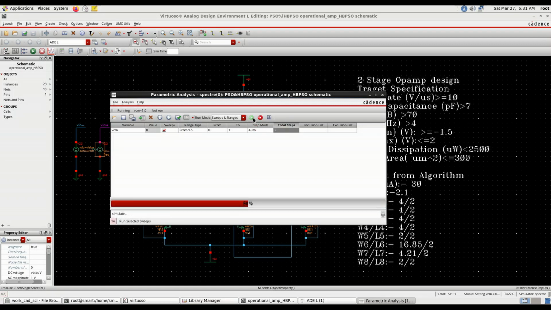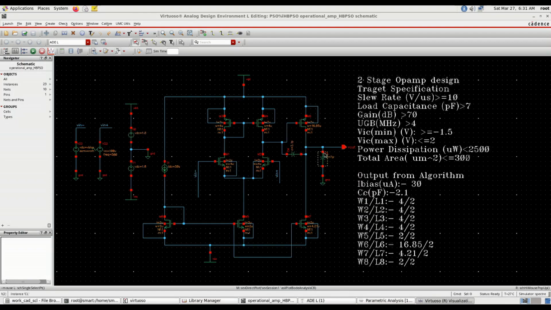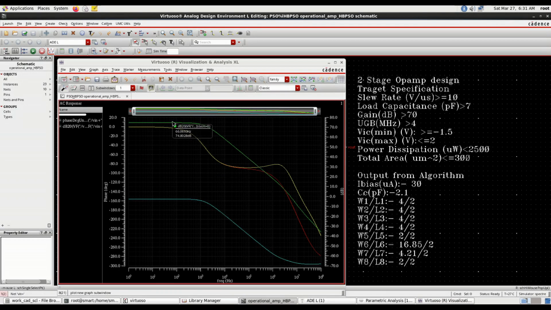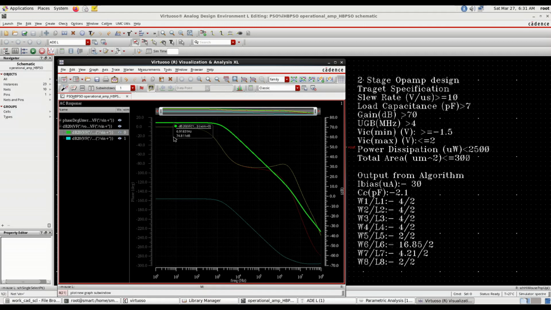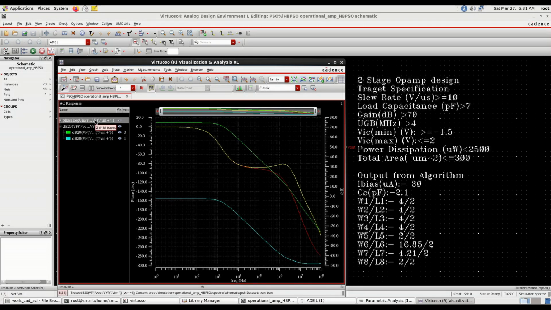So let's run it. Result, read plot, gain and phase, V out by V in. You can see here one is differential gain AD and this is AC, common mode gain. So let's delete the phase.